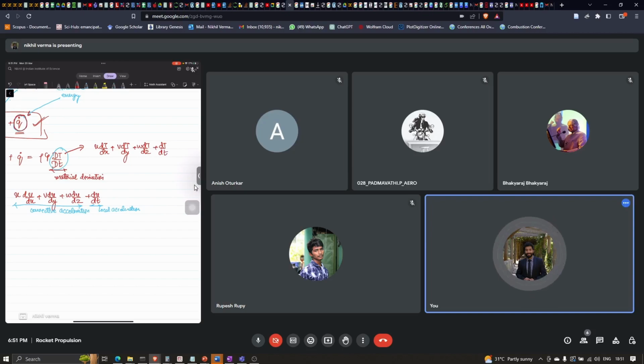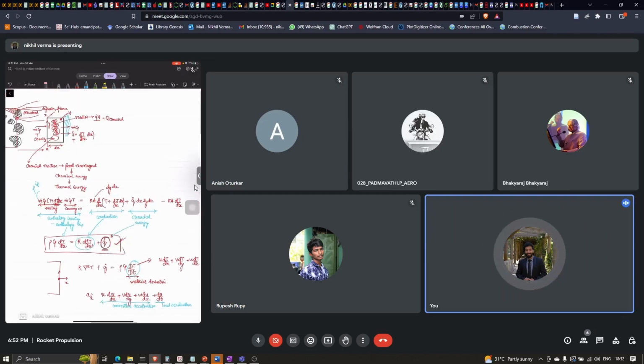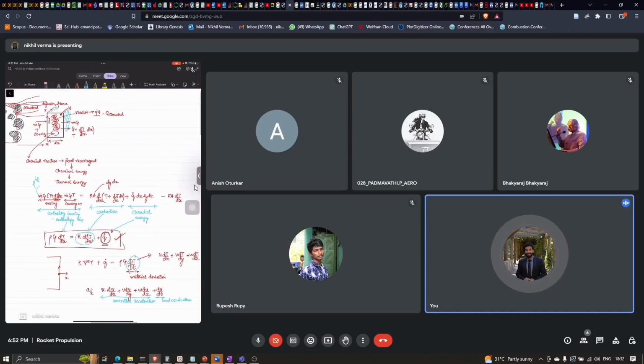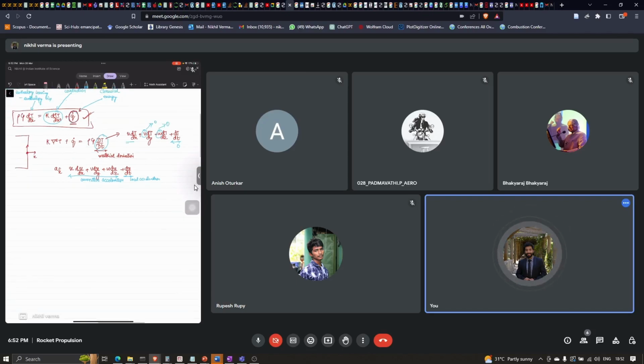Since we are assuming steady state, this particular term will be 0. We are assuming that velocity along y direction and z direction is 0. So this part and this part are again 0. So we are left with this part.